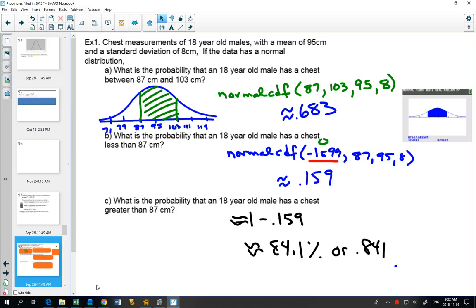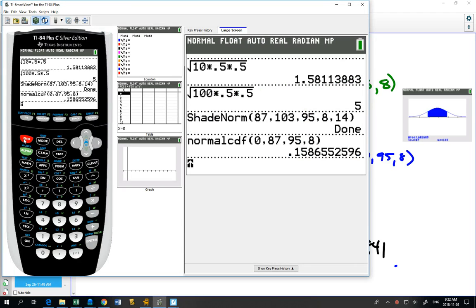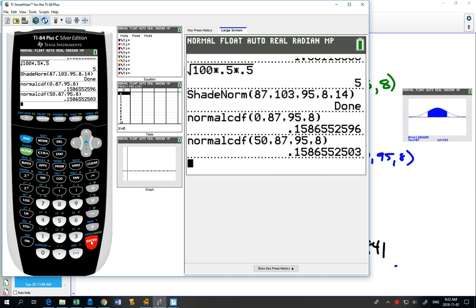But let's just try, and go back to my calculator. I'm going to change my lower one to 50 instead of 0. And check how the number changes. At what decimal place does it change? Right, all the numbers are the same until like the second last digit, 9 instead of 0. So to 3 sig figs, 50 would be enough.